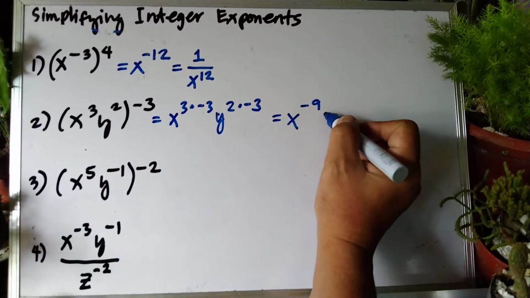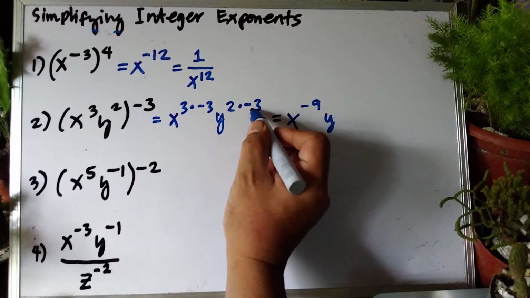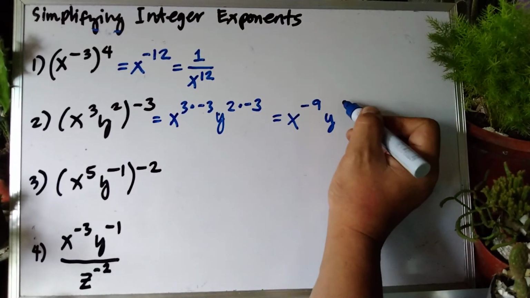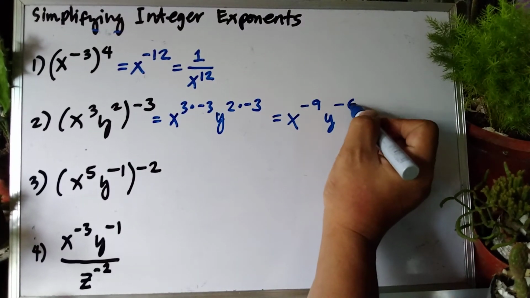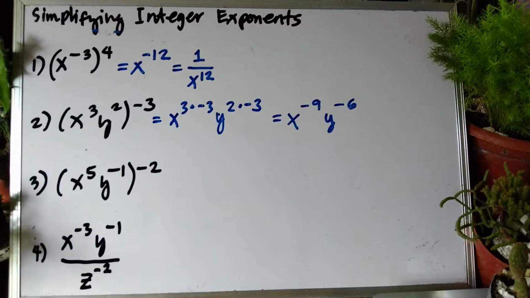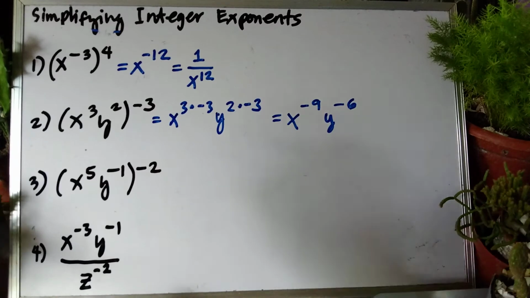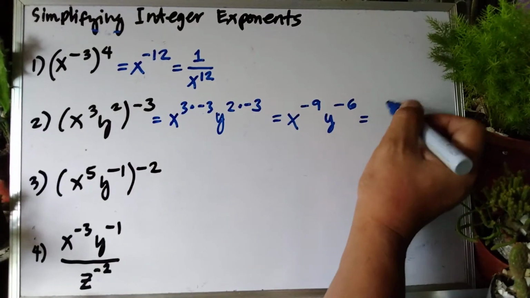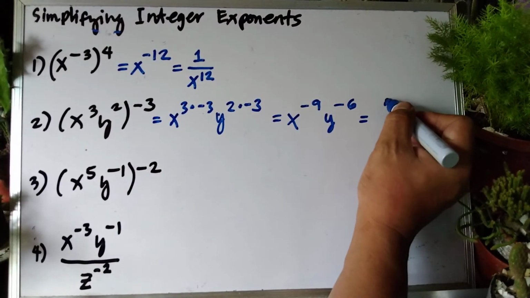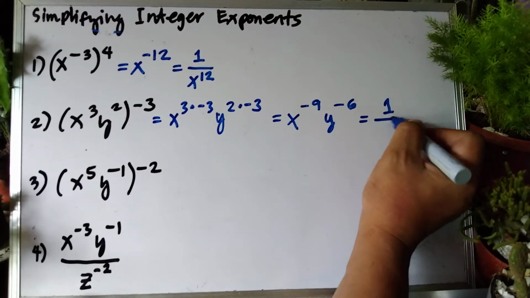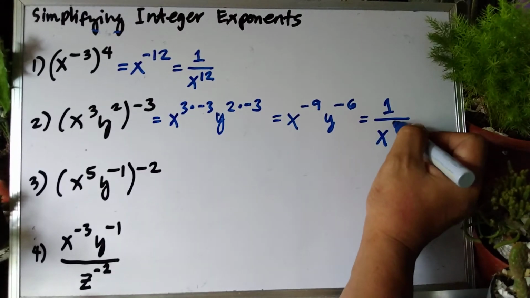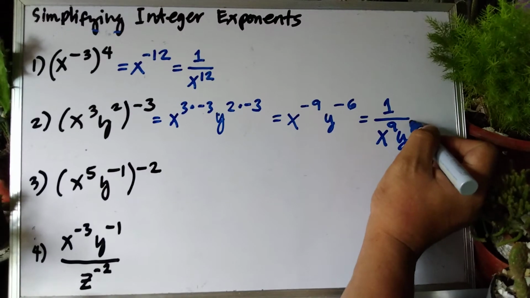Then, y. 2 times negative 3, you have negative 6. So, again, your exponents are negative. So, to make this positive, using the law of exponent, you could have 1 over x to the 9, y to the 6. Okay.